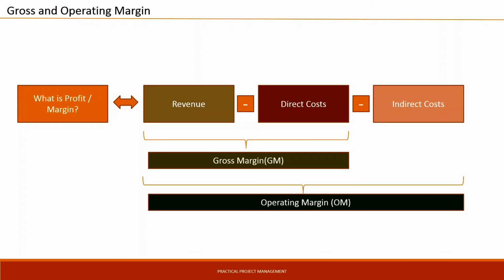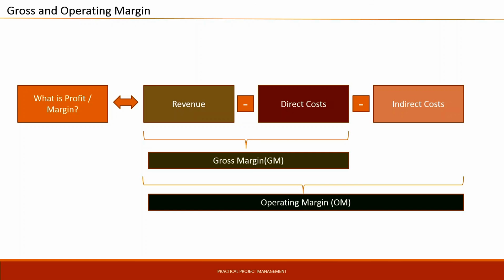It may be a service revenue, or it may be the revenue that came through reimbursement of your travel or other cost, or it can be a pass-through revenue. From that revenue, you deduct all the direct cost, and it will give you the gross margin. This is what we call the gross margin, because it is directly attributed to your project. So this is the margin that you are getting out of your project.